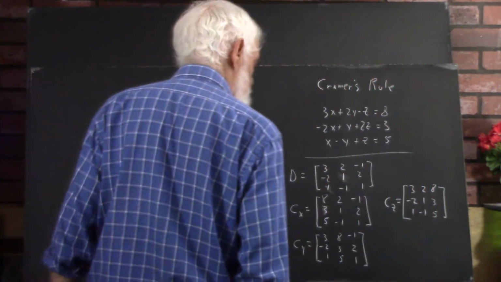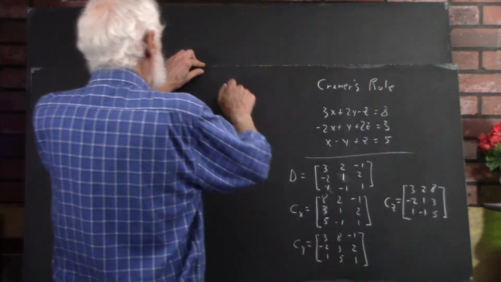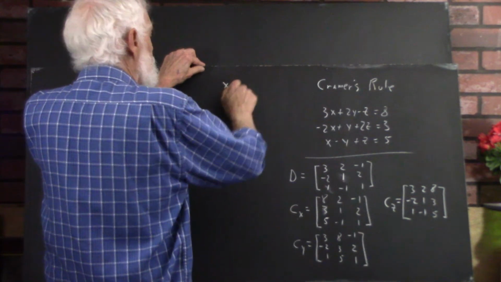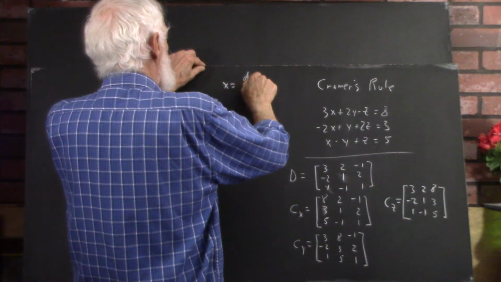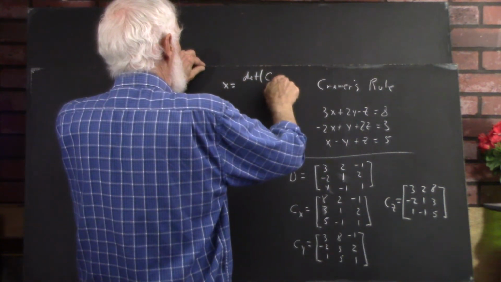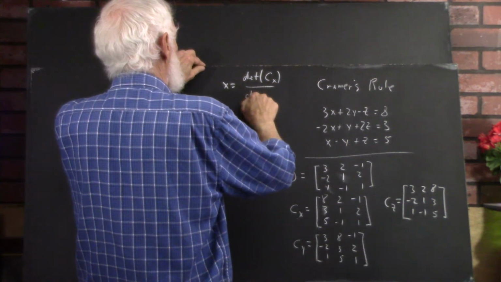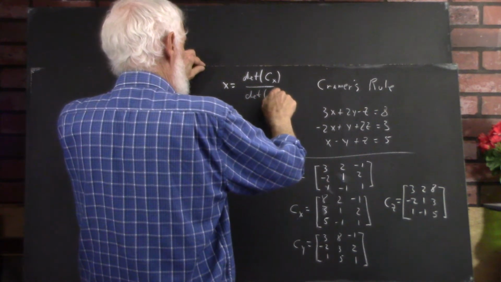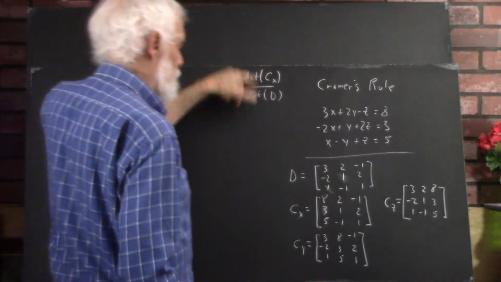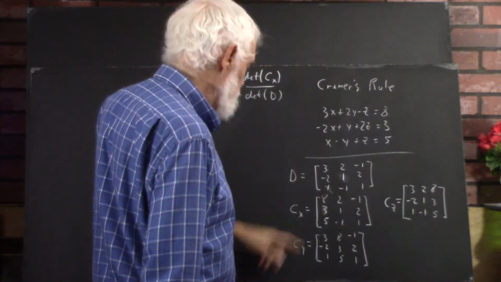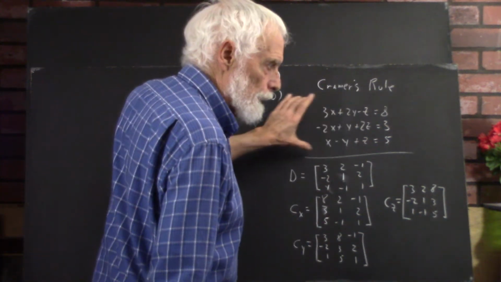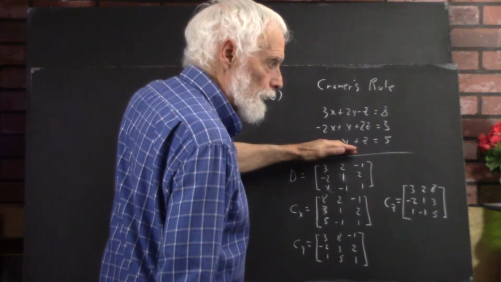Okay? Well, once you do this, your solution is x equals the determinant of your CX matrix over the determinant of your denominator matrix. Again, the denominator matrix having all the coefficients of the x, y's, and z's.